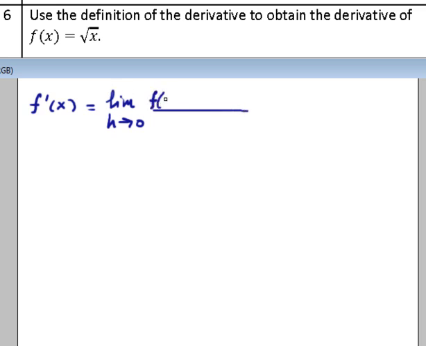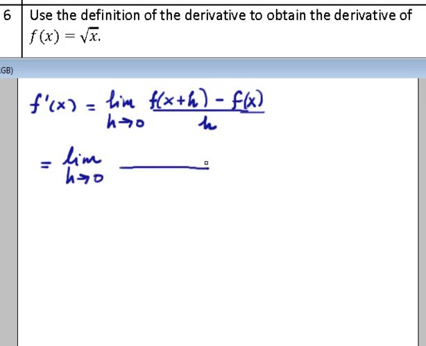Limit h goes to 0, f of x plus h minus f of x over h. Substituting in x plus h into f of x is equal to the square root of x, that's the square root of x plus h, minus f of x, that's the square root of x, over h.